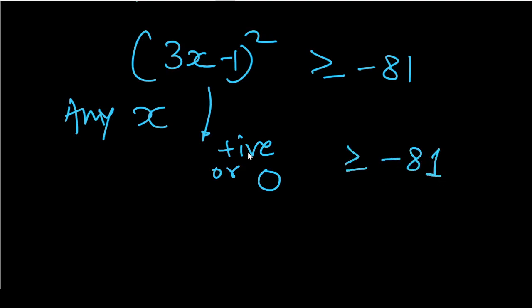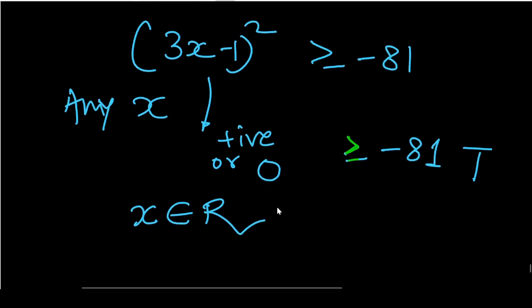So even if the left hand side of the inequality is positive or 0, this greater than thing will always be satisfied. Equal to won't be satisfied, doesn't matter. So we can say that this is true. So for any value of x, this is an identity, x belongs to R. We can say that this is valid for all x belonging to R.